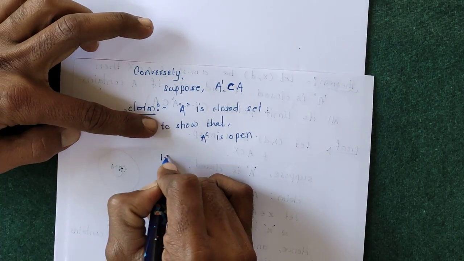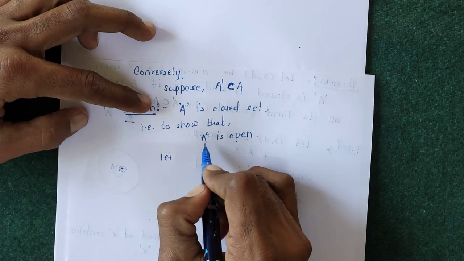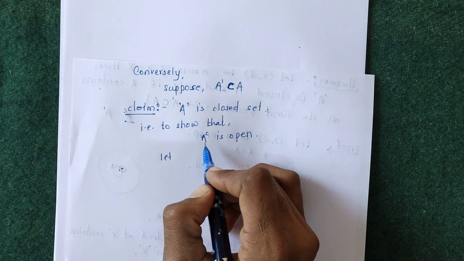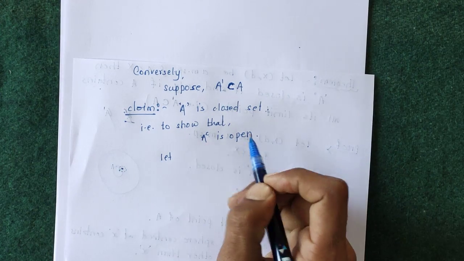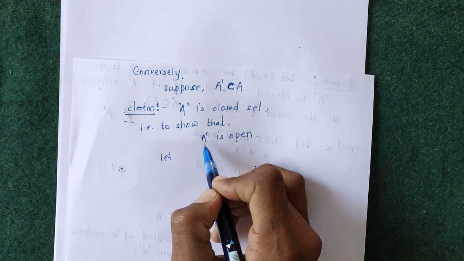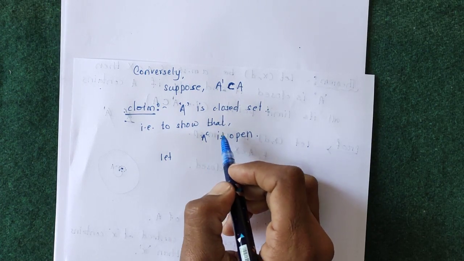Now, to prove any set is open, we just take any arbitrary element of that set and draw the open sphere. If that open sphere lies inside that set, then that set is open, and if that open sphere does not lie inside that set, then we will say that set is not open.